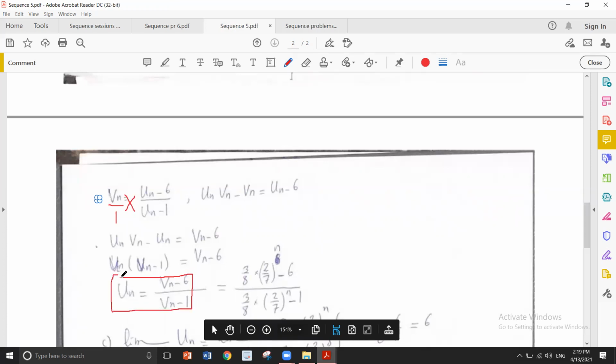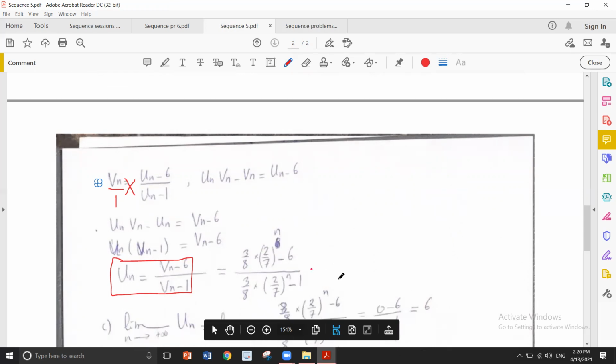But we have calculated Vn. بصير عندنا 3 over 8 times 2 over 7 to the power n minus 6 over 3 over 8 times 2 over 7 to the power n minus 1. And it is done.